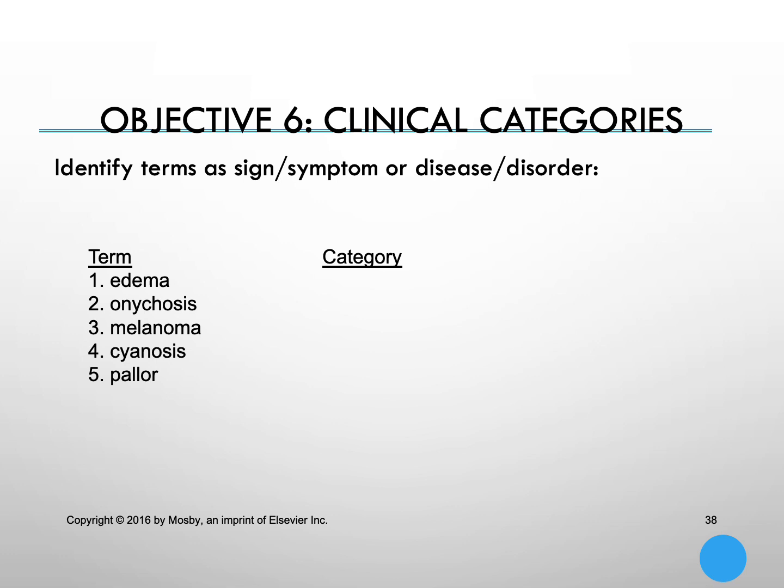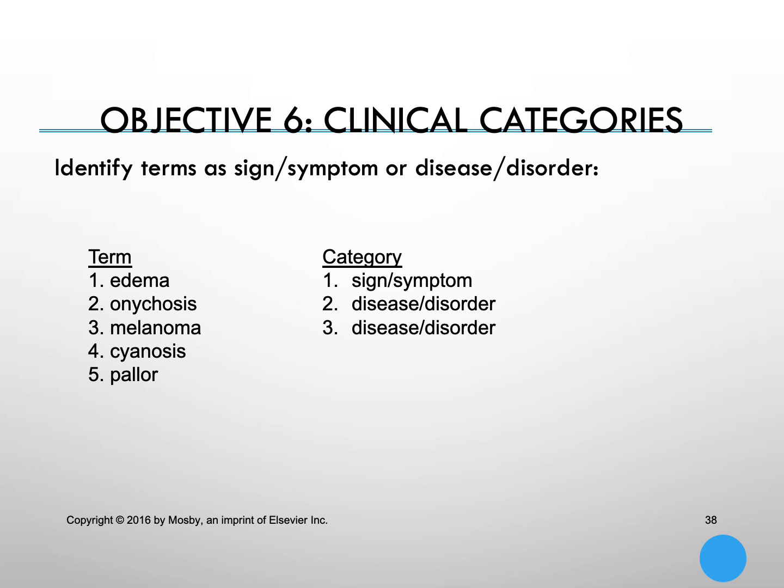What do you guys think? If you said sign and symptom, you would be correct. What about onychosis? Onychosis, is that a sign or symptom, or is it a disease disorder? If you said disease disorder, you would be right. What about melanoma? Sign, symptom, disease disorder. That guy is disease disorder.